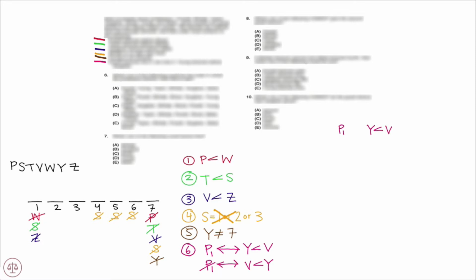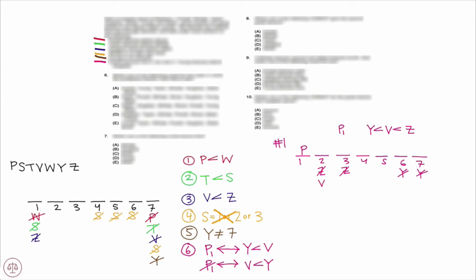We can attach that to rule number 3. We know that V is before Z. So in this scenario, let's write it out. We have 1, 2, 3, 4, 5, 6, 7. We have P first. We know that Z has Y and V before it, so Z can't be second and Z can't be third. Likewise, Y can't be 7th, Y can't be 6th.